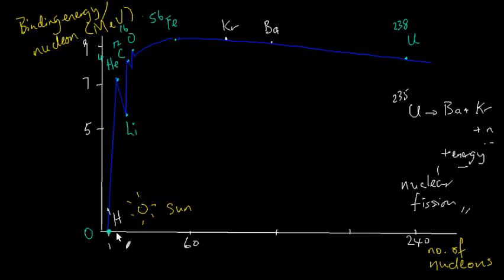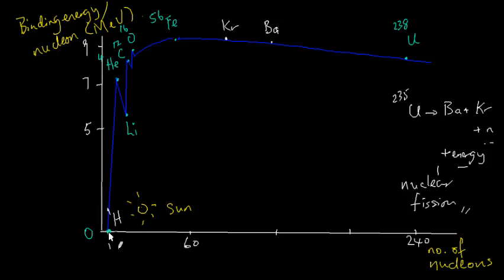But when you have lots and lots, as happens in the sun, a lot of energy will be given out, and that's how the sun gets its energy. It's by fusing hydrogen nuclides into helium nuclei.